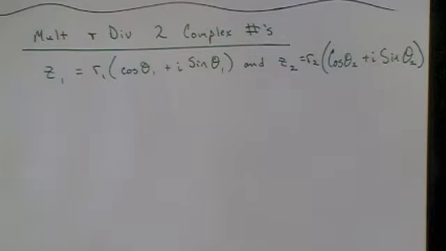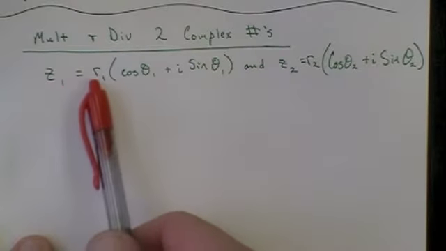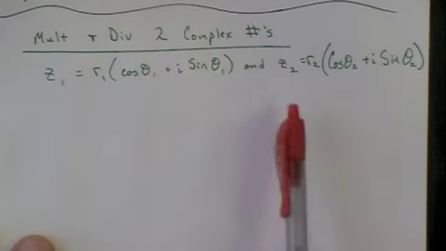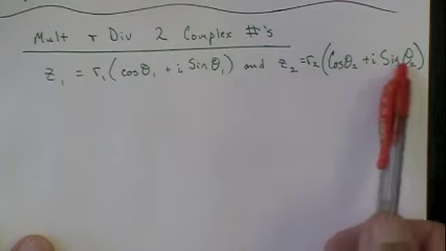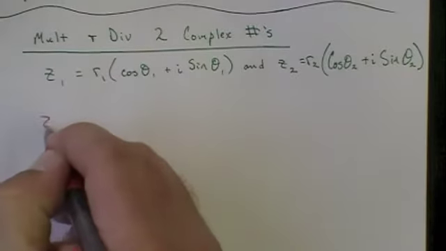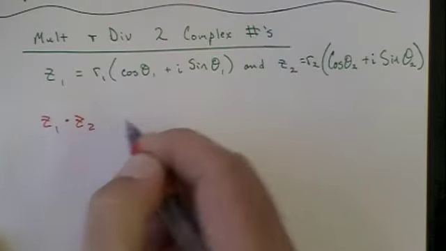So next we're looking at multiplying and dividing two complex numbers. So we have our first complex number, we're just saying z1, so we have r1 and cosine of our first angle and sine of first angle, and here is z2, so second radius, and then our second angle. And so in terms of multiplication, let's say we take z1 times z2.